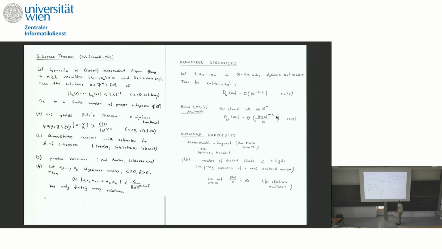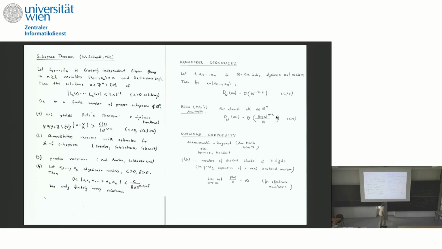Pn of alpha n is big O of log n to the power, and what Wolfgang Schmidt did in his lecture was this. It was one of his important results. You see there is a difference, m plus 1 and m, and it was later, in the 90s.